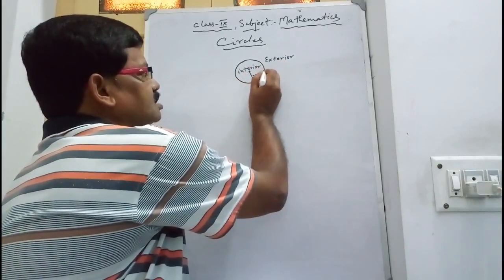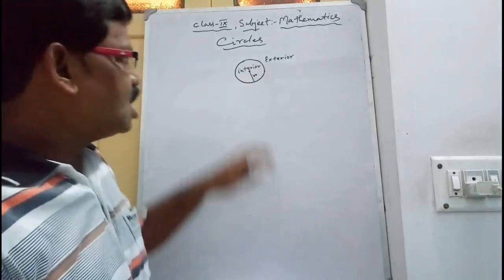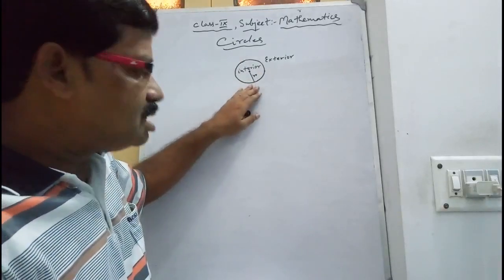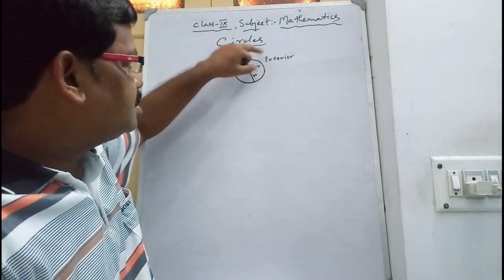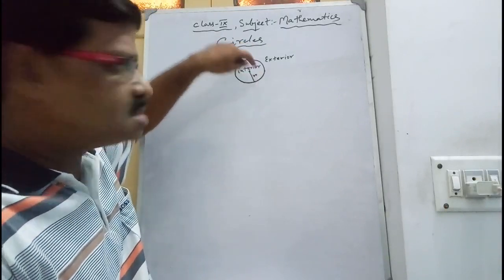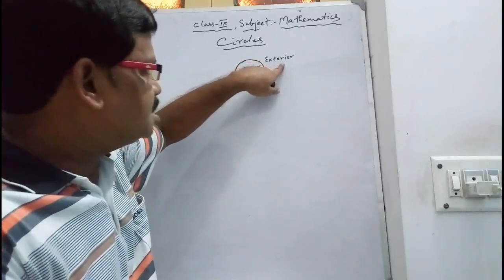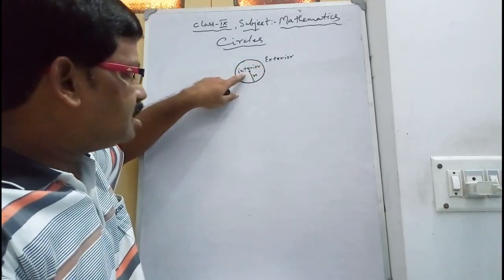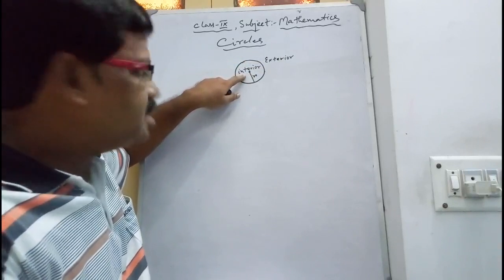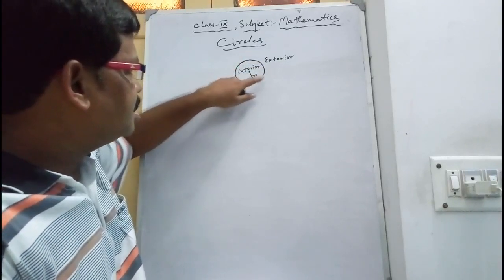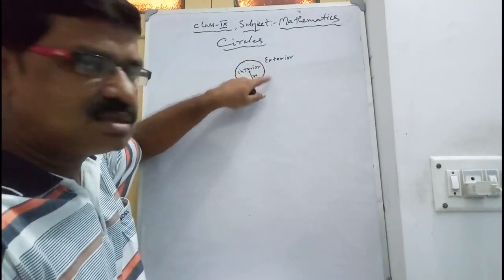If you take this one, on the circle. So the plane on which the circle lies divides it into three parts. Outside of it is known as exterior, inside of it is known as interior, and the second one is on the circle.